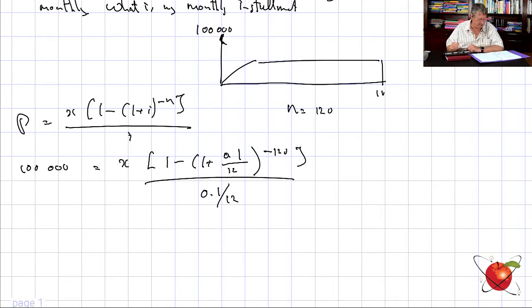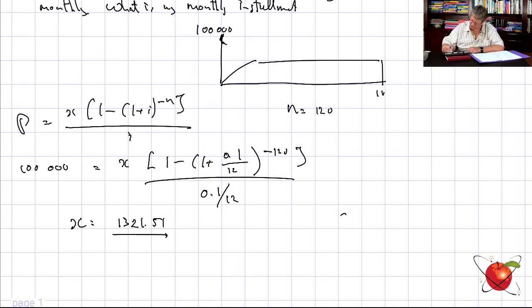Therefore, I calculate that, and I find that X is equal to 1321.51. That is what I am paying.